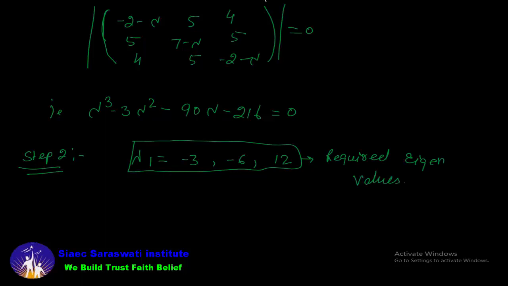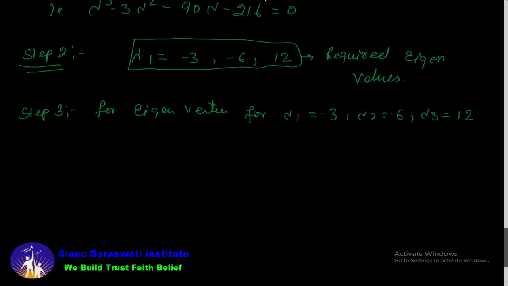Okay, next step number 3, that we have to find out the eigenvector. So for eigenvector, we use lambda 1 equal to -3, lambda 2 equal to -6 and lambda 3 equal to 12.